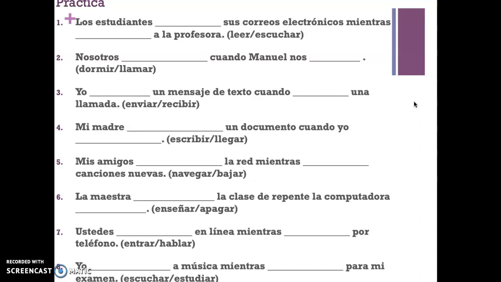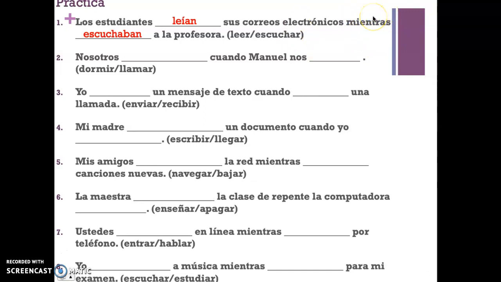There is no interruption. The teacher is talking. The students are reading. So your first conjugation is imperfect and should be leían. And your second would be escuchaban. Two imperfect conjugations, both ongoing actions, and this word mientras is really your friend because it tells you exactly what you need to do.